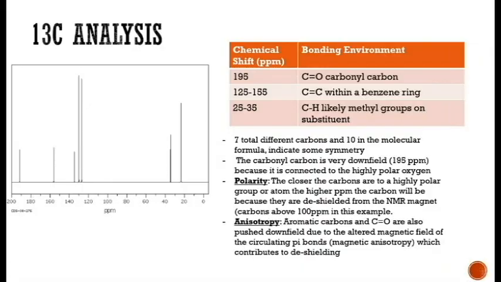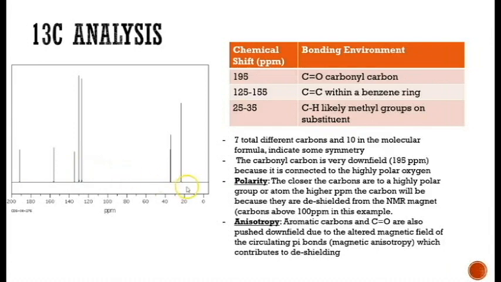That goes from 0 to 200 on this chart here. And we can look first all the way down here at the 195 spike that we see, and that is indicative of a carbonyl carbon. In this area here, between 125 and 155, I know that's a big range, but that is indicative of some C double bond to C within a benzene ring.